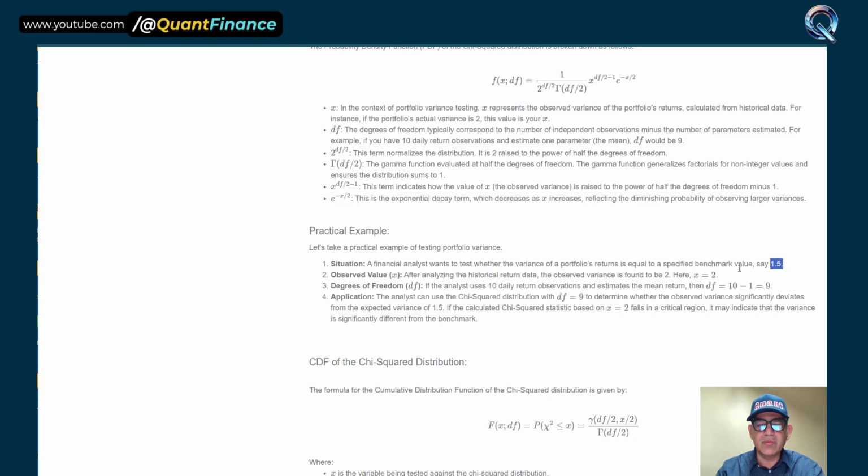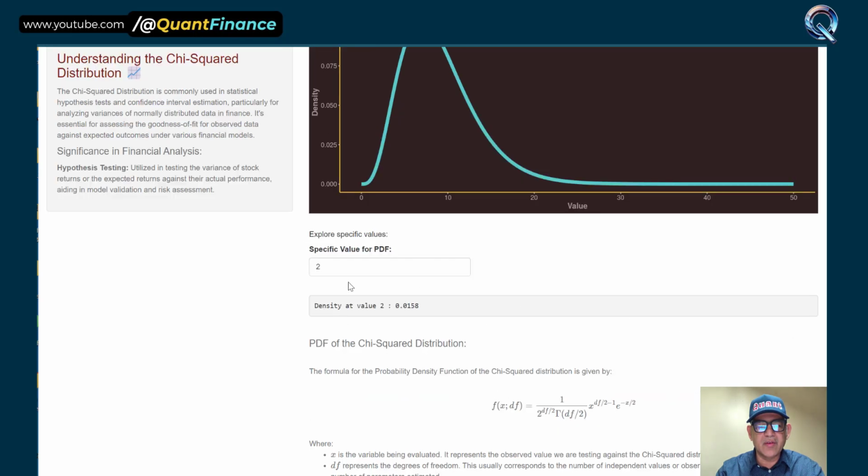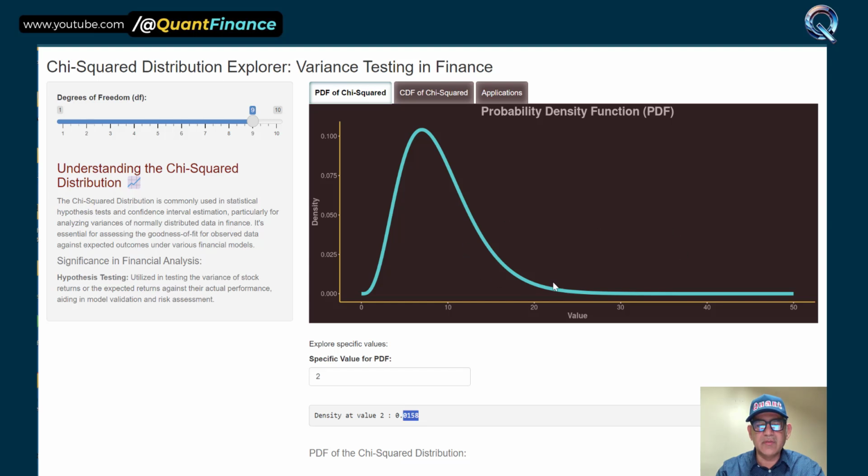The benchmark is that variance should be 1.5, but our observed value is 2, and our degrees of freedom are 9. Then the value for having a variance of 2 is 0.0158. So this web app is a very interesting tool and dynamically lets us select the value of x.